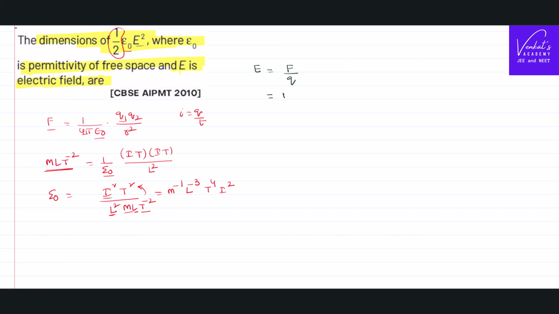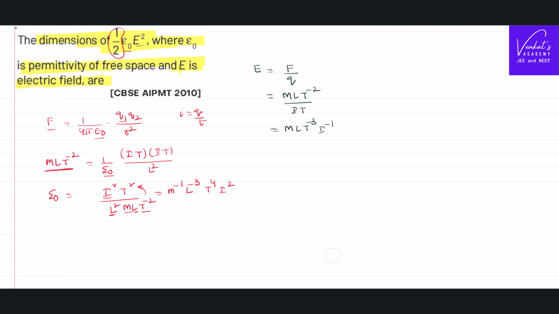F is again MA, any force, MLT power minus 2, by charge, which is IT. So the dimension of electric field intensity is M L T power minus 3 I power minus 1. I got that also. Now I can find the whole term, right?